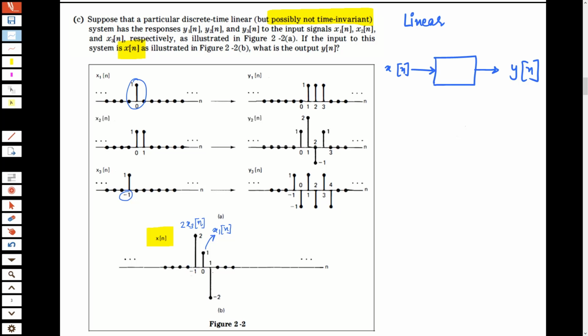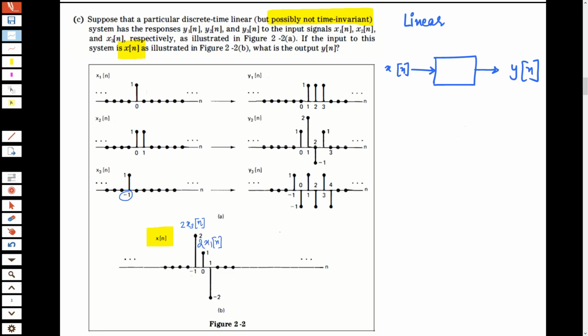Now the one at n equal to 1. The only way to do that is to write it in terms of x2[n], but x2[n] also has a value at n equal to 0. So let me do a hit and trial and try to write the function.